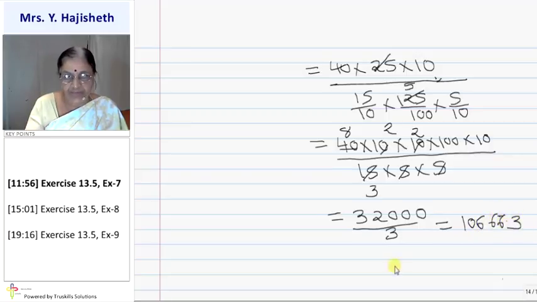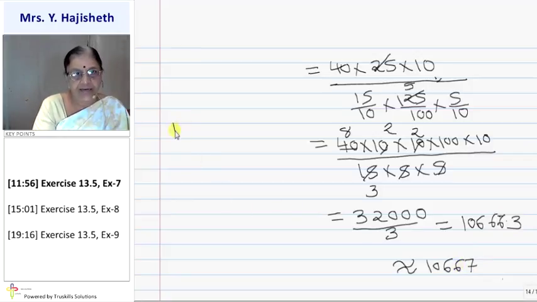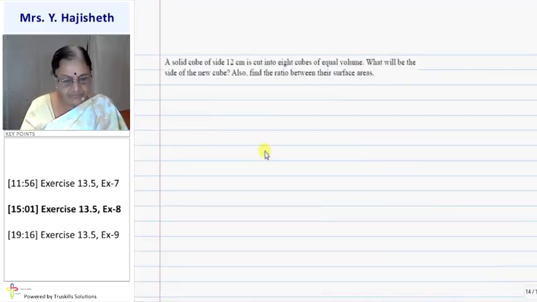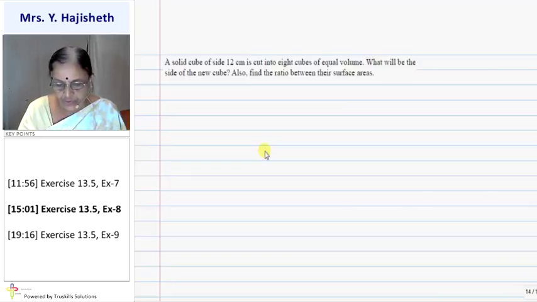So approximately it is 10667. Clear? So number of crates is equal to 10,667. Clear?